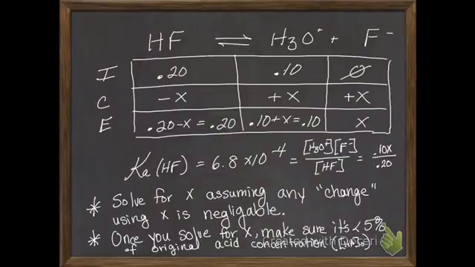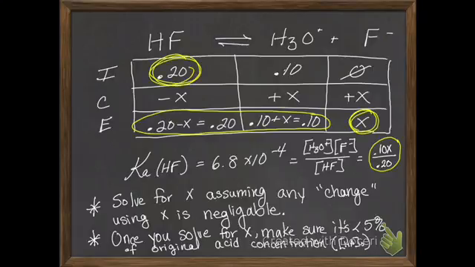So we're going to solve, assuming that anything being subtracted by X at equilibrium is negligible. You see how I reduced the Ka expression to just 0.10x on the top and 0.20 on the bottom? Solve for x, and then compare this x value to the original concentration of your acid. We want to make sure that it is less than 5%.